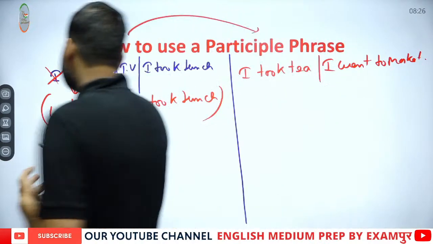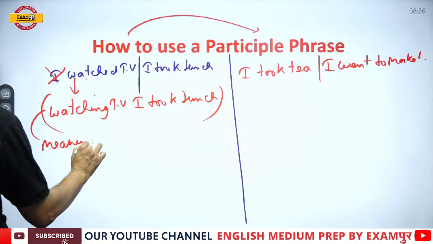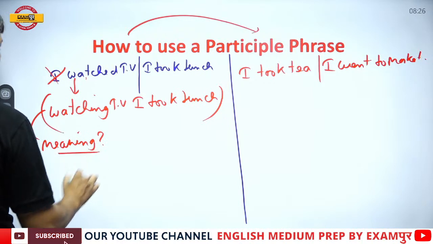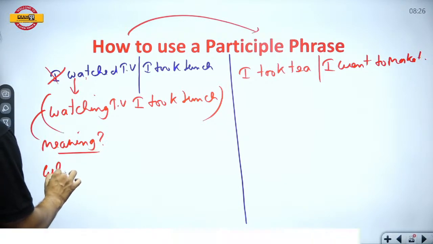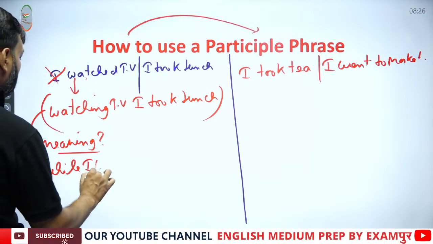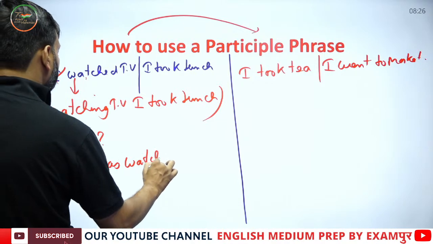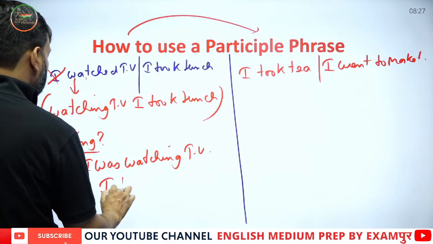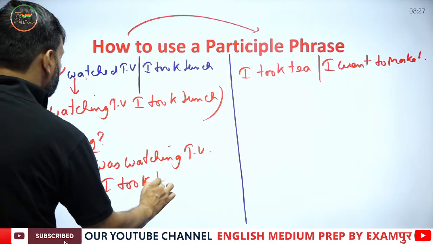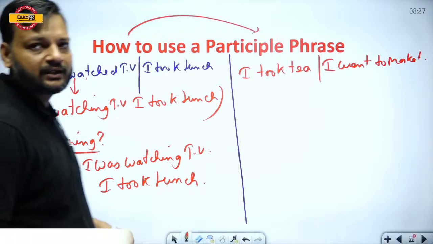What is the meaning of this sentence? The meaning is that while I was watching television, I took lunch. It means both the actions were simultaneous.